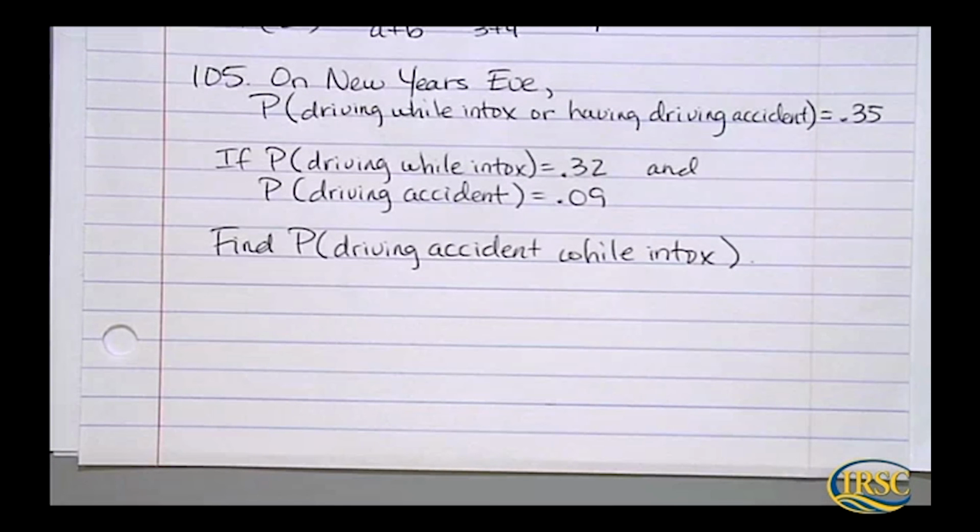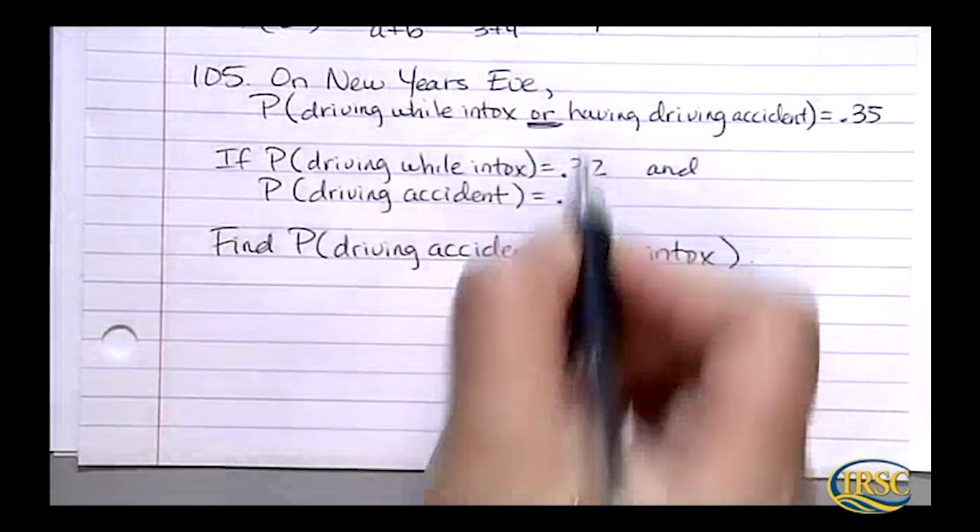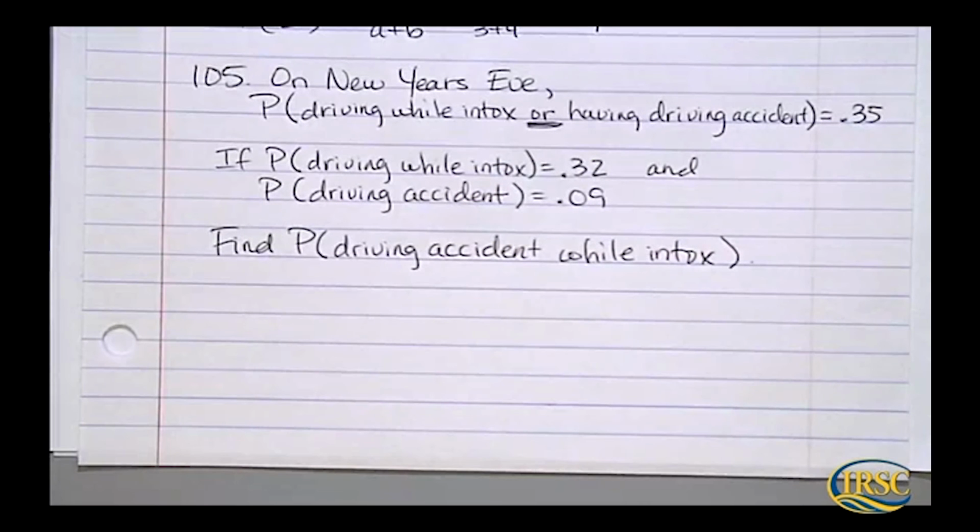Okay, in all of the stats that I've written down here, do you see any keywords? Or, yes, very important. Or. Okay, so notice that you have a probability of driving while intoxicated or having a driving accident. And you know what the probability is to drive while intoxicated.